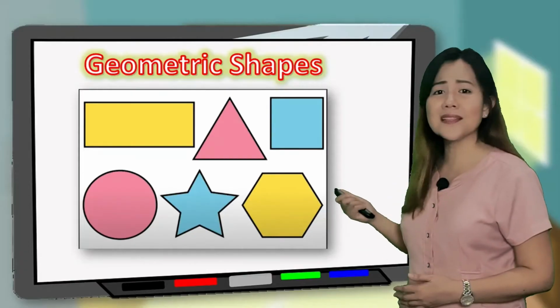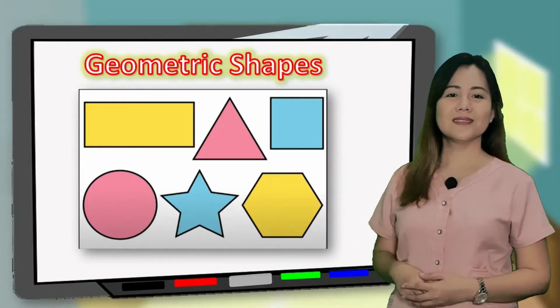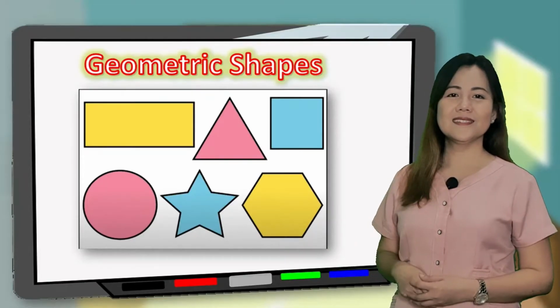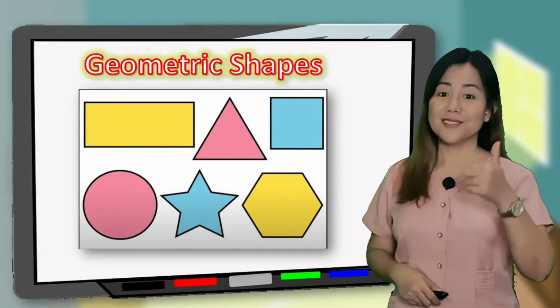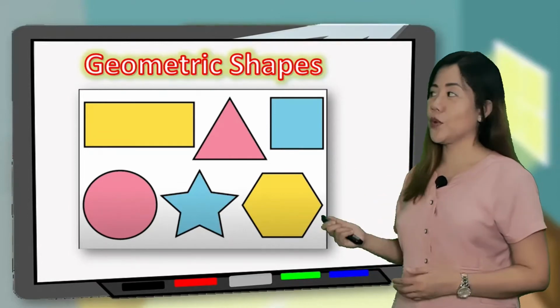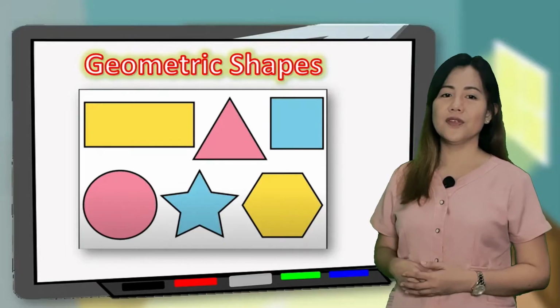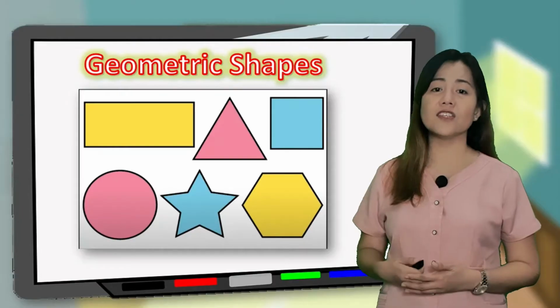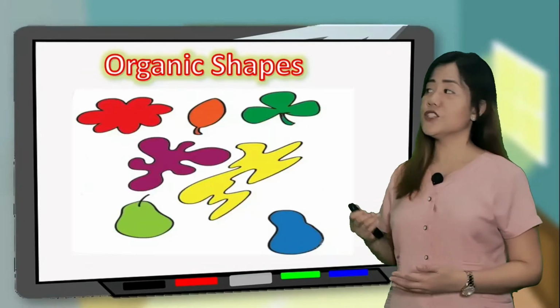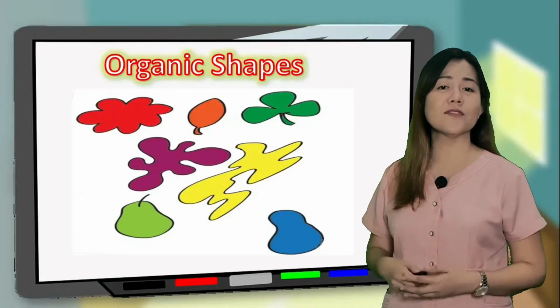Can you type the names of the geometric shapes? Correct. Rectangle, triangle, square, circle, star, and hexagon. We also have organic shapes. These shapes are seen in nature and usually rounded.